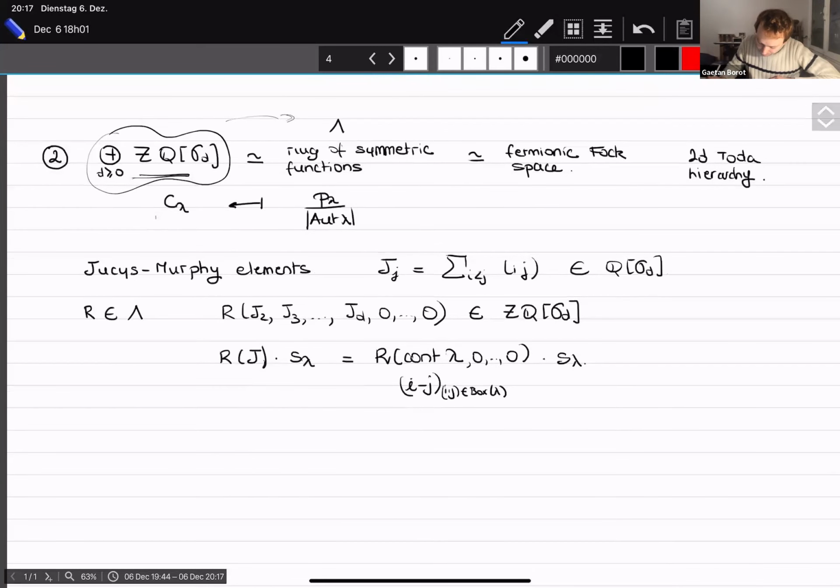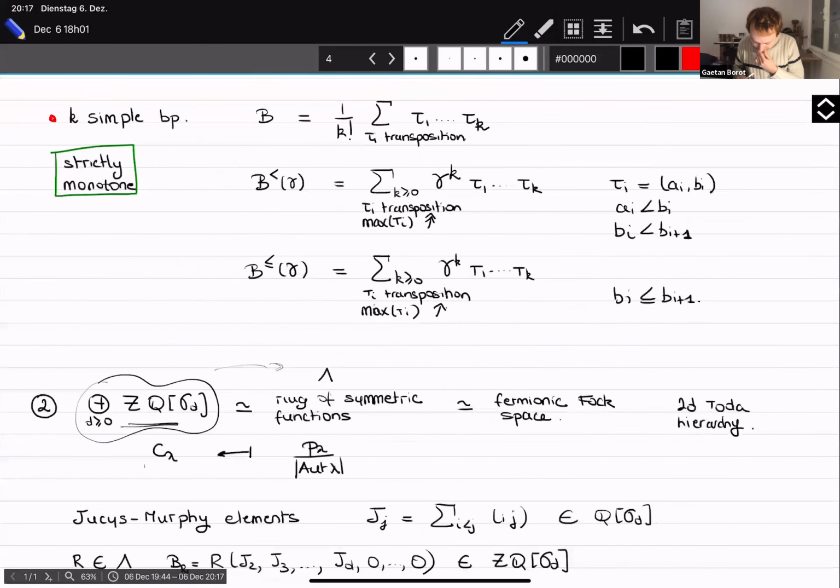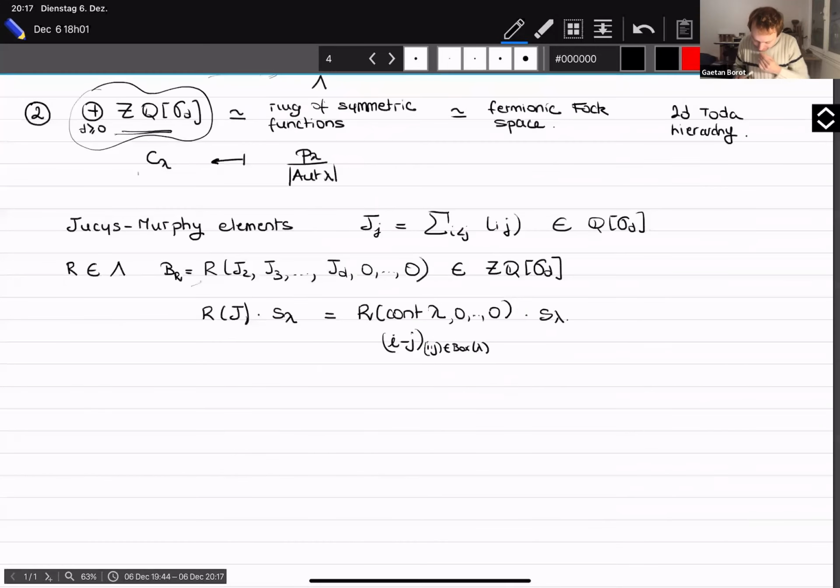On the other hand, if you come back from how these Jucys-Murphy elements are defined and put them into some polynomial, you would see that this is acting, if I call that B_R, I could take that as my intermediate ramification profile. And you can try to see how that is acting on the conjugacy class, on the power sums.